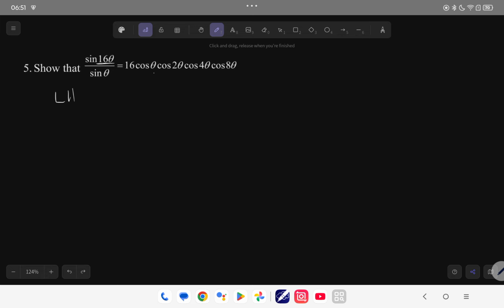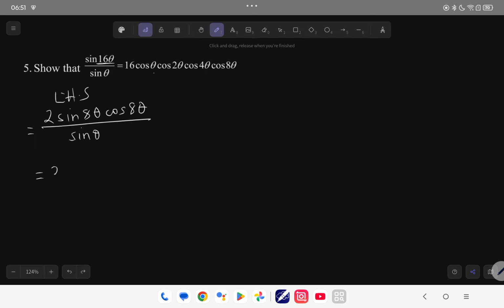So left hand side, sine 16 theta is 2 sine of half of 16, which is 8 theta, then cos half of 16, which is 8 theta, out of sine theta. Already you are seeing that our thing is coming out.